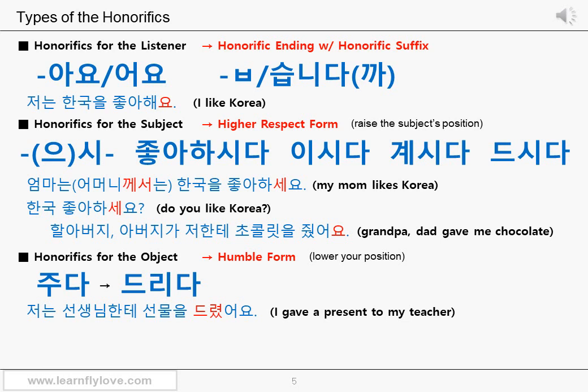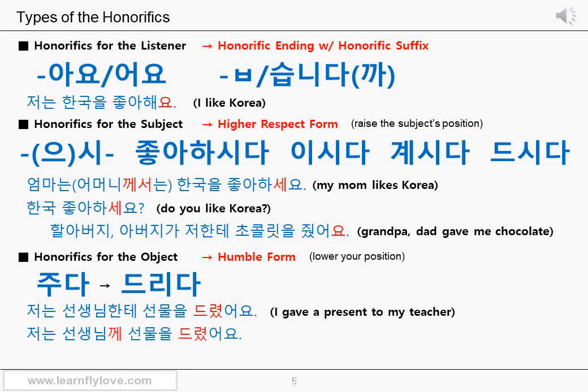So you use the humble form of the verb 주다, which is 드리다. Again, 드리다 is not a higher respect form. It's a humble form which is used to show more respect to the object, teacher, by lowering the subject's position. 저는 선생님한테 선물을 드렸어요.